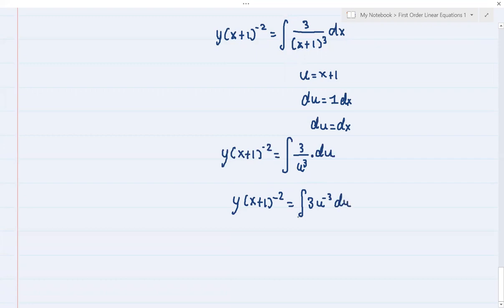So let's now integrate this one. By integrating 3u raised to negative 3, we will have 3 times u raised to negative 3 plus 1 all over negative 3 plus 1, plus c.